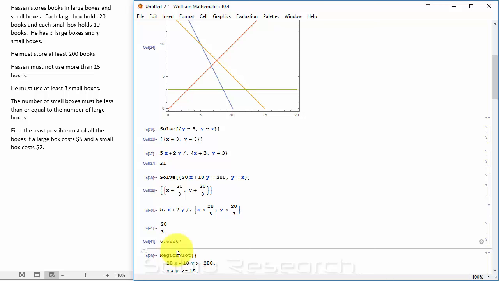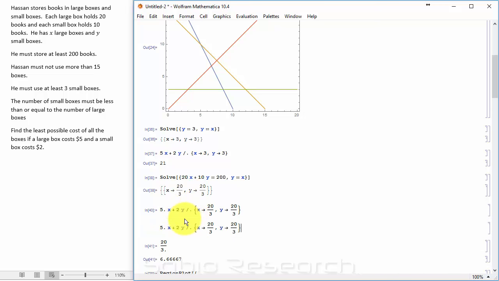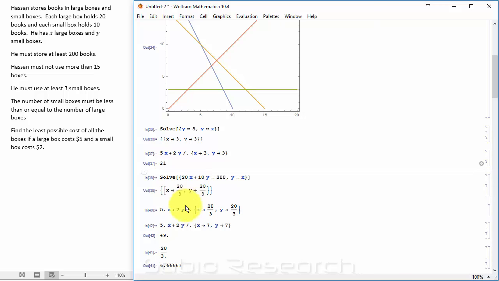Okay. So if we use 7 boxes each, let's solve again. So we are doing 7 boxes each. In fact, I could have done this with rounding, but it's 7 actually. So the cost comes up to $49. So $21 wins. So the best solution is here.